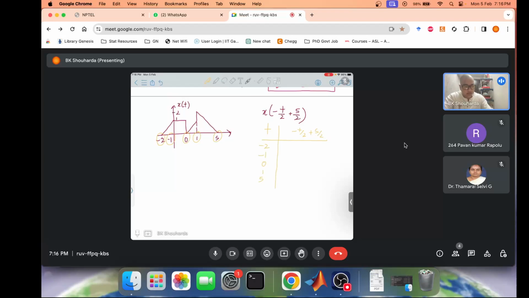So let me take a calculator with me. 2 plus 5 by 2, this turns out to be 3 upon 2, this turns out to be 2. Okay, I think I made some mistake over here.